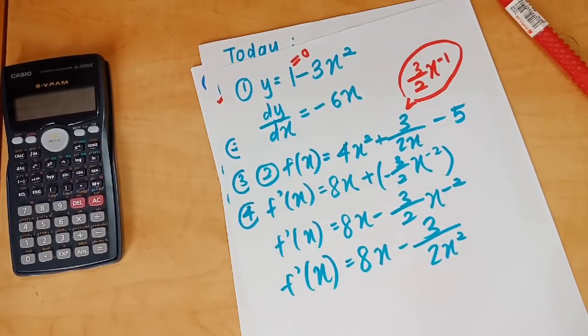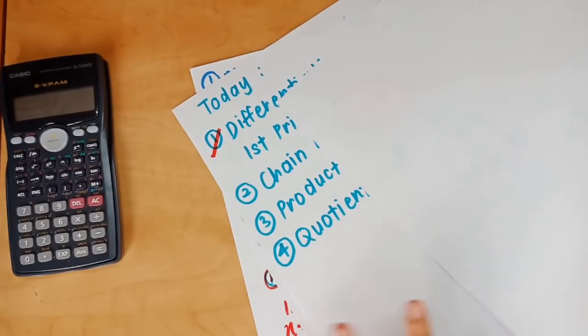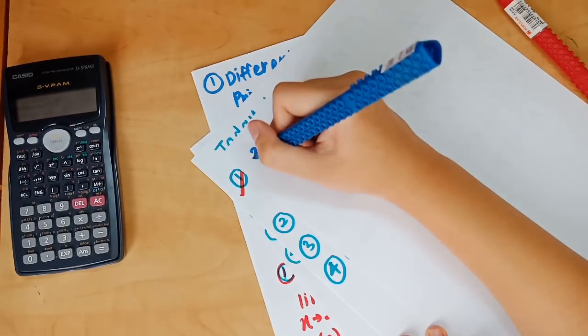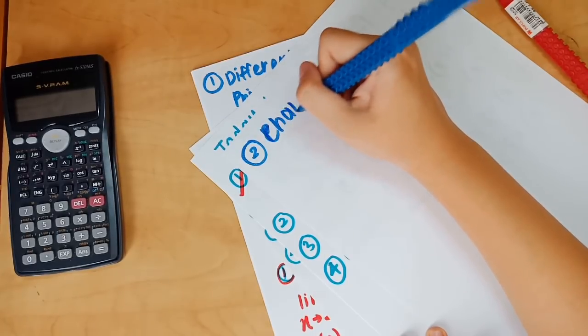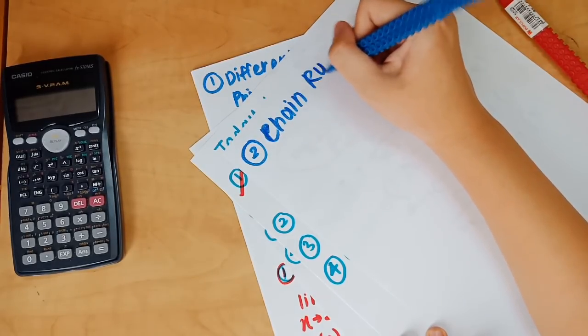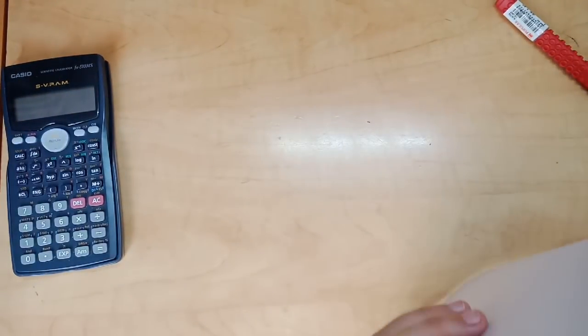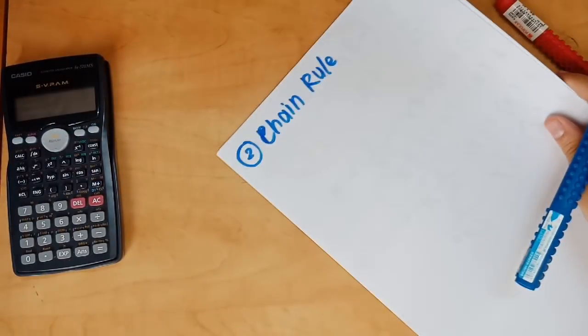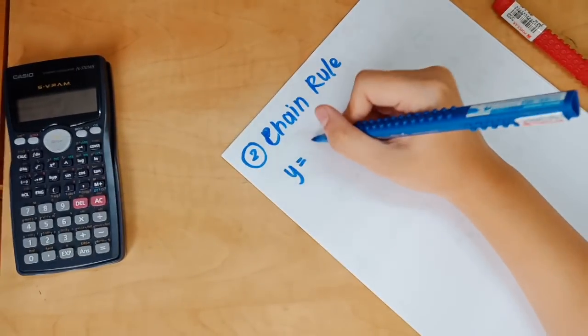Now that you kind of know the basis of differentiation and how to do it, we'll actually move on to the chain rule. So number 2 is chain rule. A chain rule is always used for a composite function.